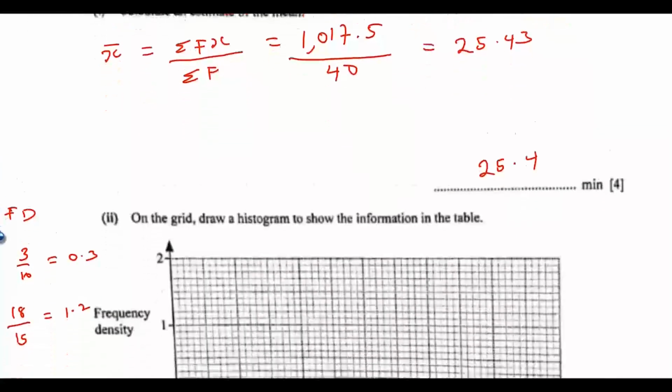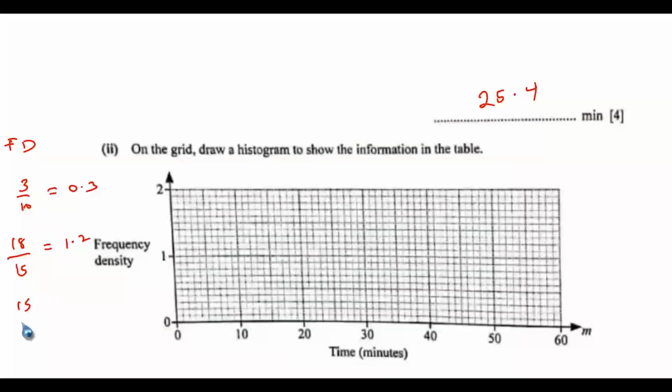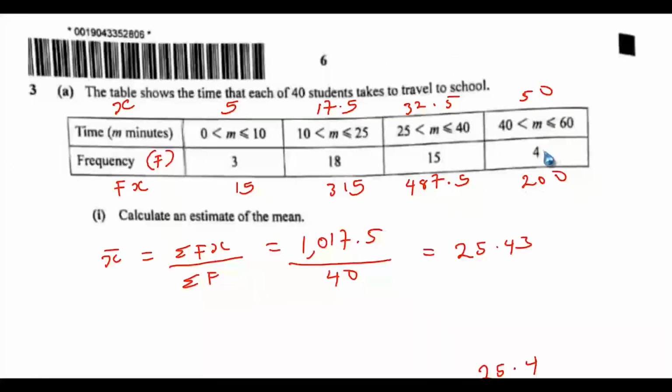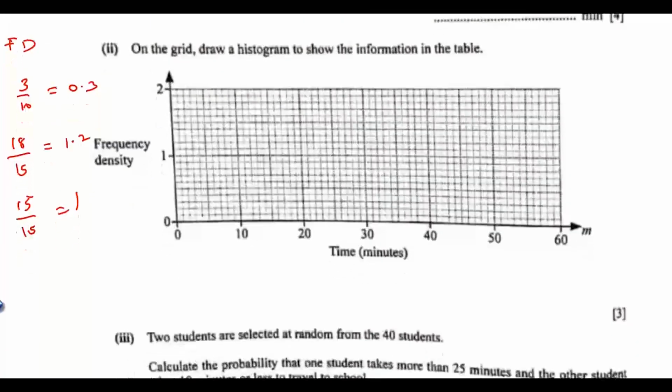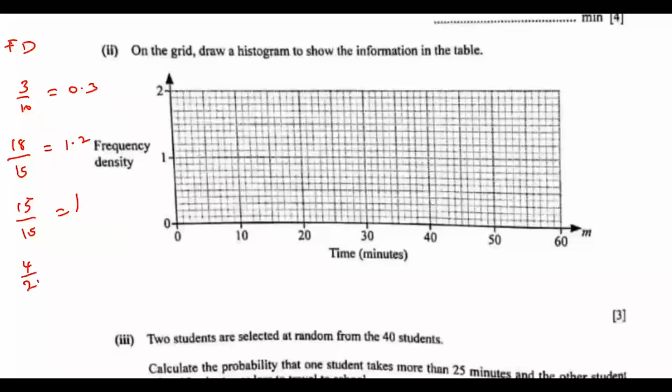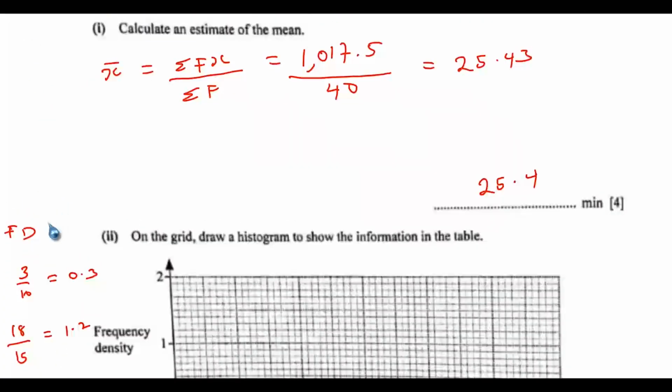So we have 15 divided by 15, that is 1. And the last one will be 4 divided by 60 minus 40, that is 20. So 4 divided by 20 equals 0.2. The formula for frequency density is the frequency over the class size. That's how to get the frequency density.